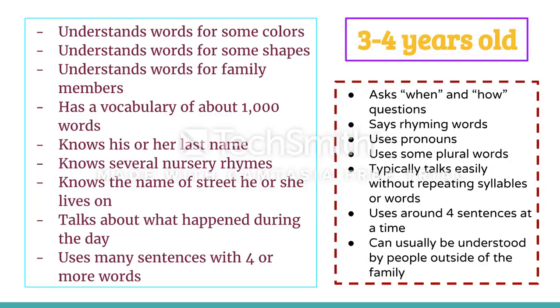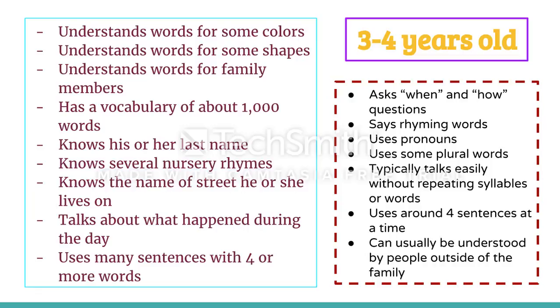They can talk to you about what happened during the day and use sentences with 4 or more words. Ask when and how questions. Say rhyming words, things like cat, hat, bag, rag, just small words like that. They recognize the rhyming. Use pronouns like I, me, you, some of those simple ones like that. They will use some plural words.